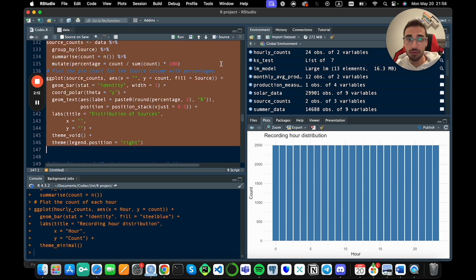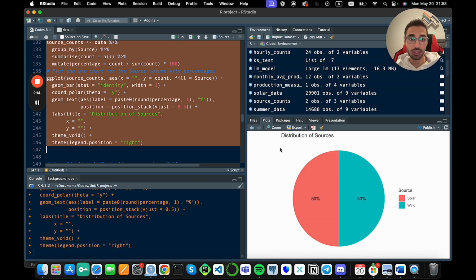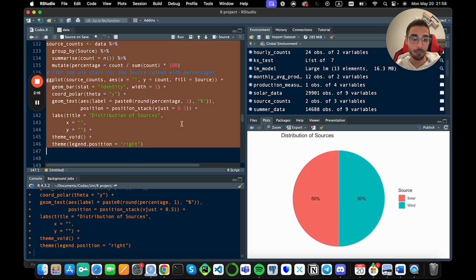Then we have a pie chart here, which is the distribution of our sources. As we can see, we have 50% solar energy records and 50% wind energy records, which is another good thing about our data.